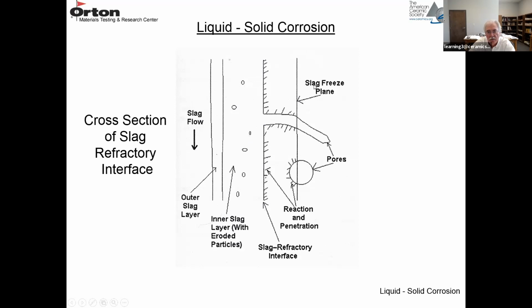This solid line is the slag freeze plane. So slag penetrates until it reaches the freeze plane. It'll go through pores, and the material may be diffusing inward also by a diffusion process. And these little lines along the surfaces are where chemical reactions are taking place.